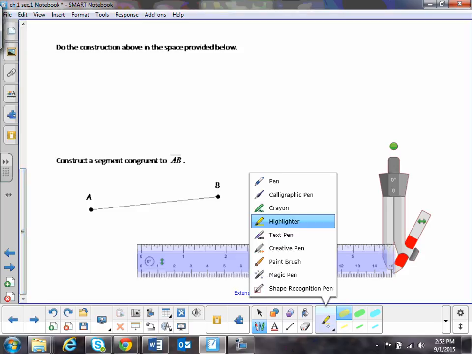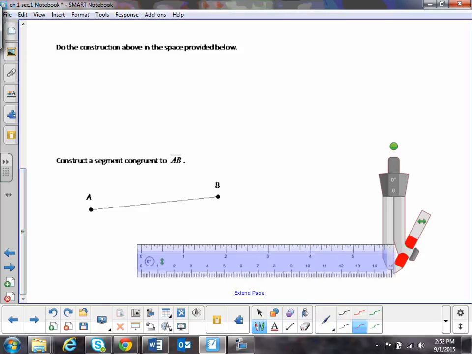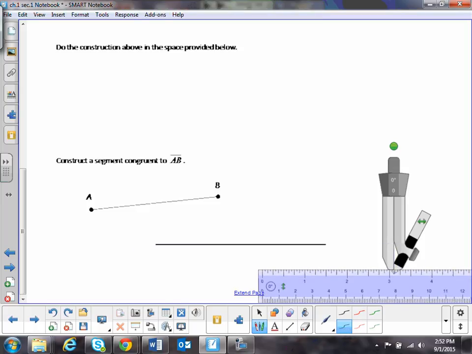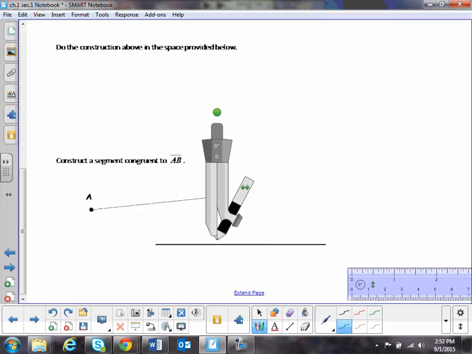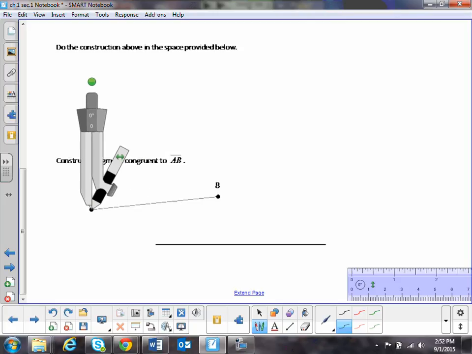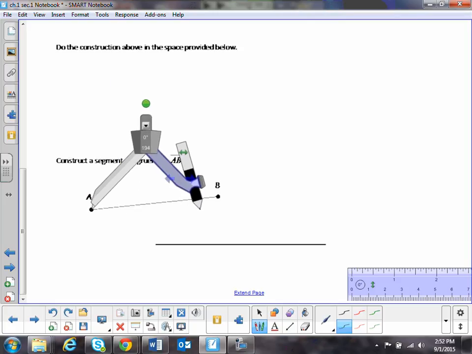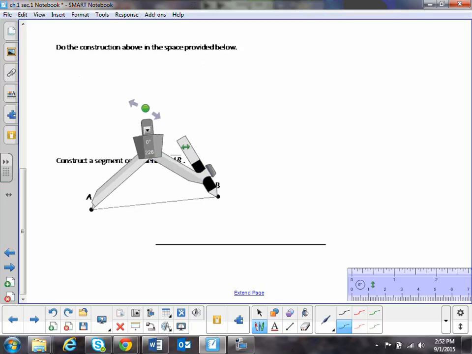So the first thing you want to do is draw a long line. That's the first step. Then you want to use your compass and measure with your compass how big that segment is. Okay. Then we're going to place an endpoint on our first line.